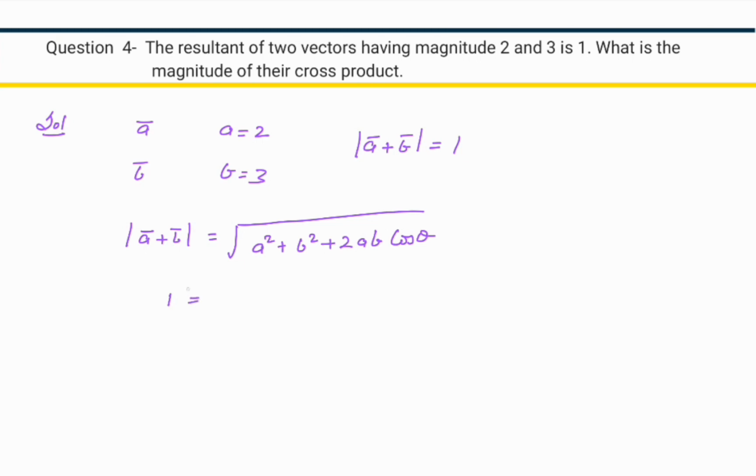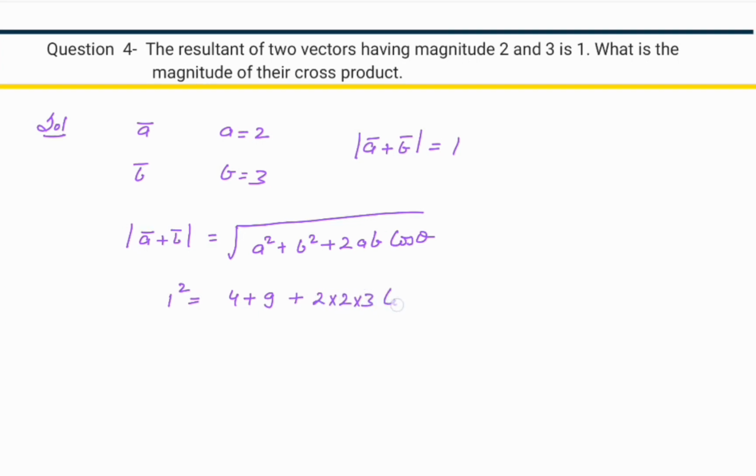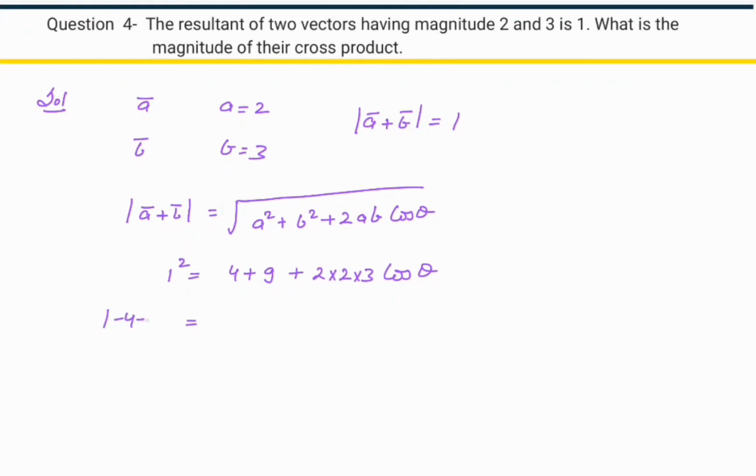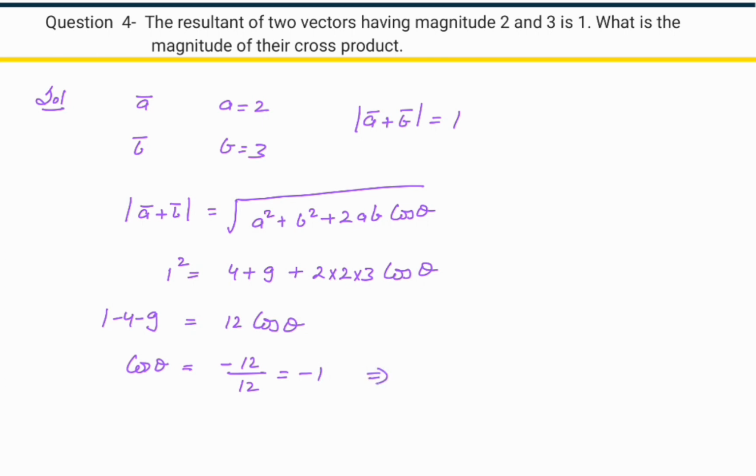Taking the square of both the sides, you will get 1 square equals 4 plus 9, just putting the values of A and B. From here you will get cos theta equal to minus 1.